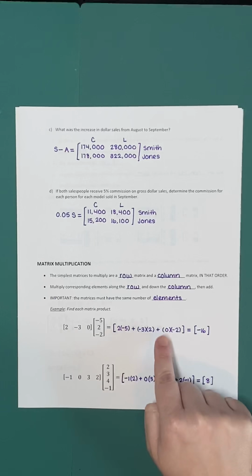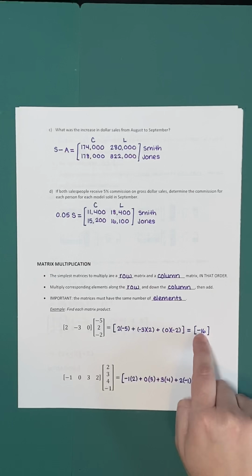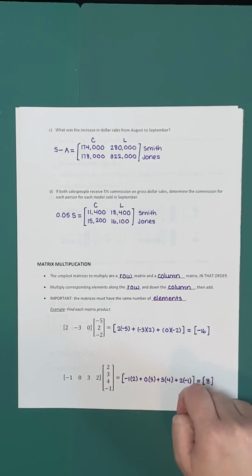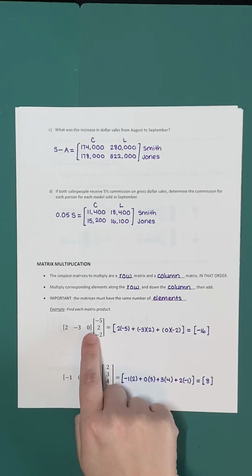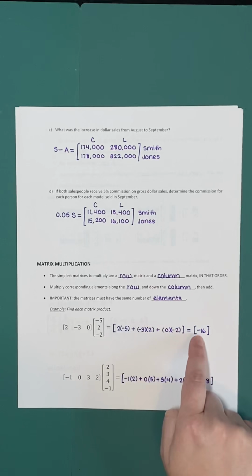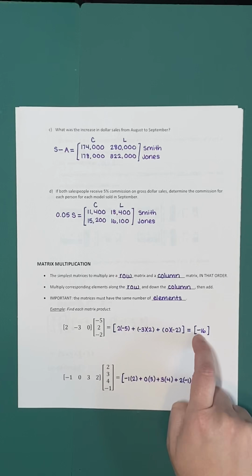So -16 plus 0 is going to give us -16. That's going to be our answer. Now notice the answer is not just -16, it's actually a matrix containing the element -16.